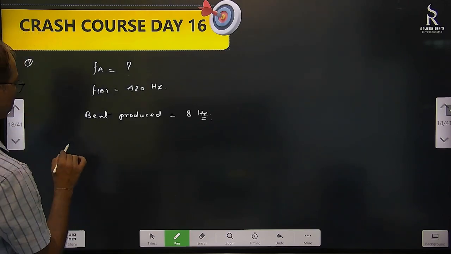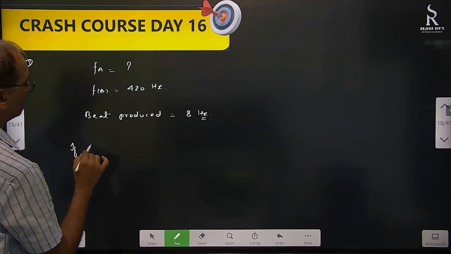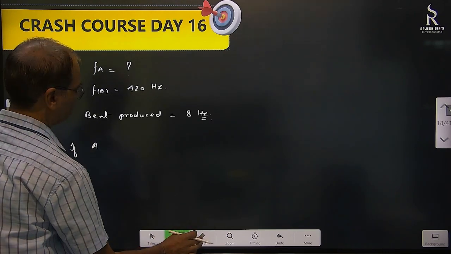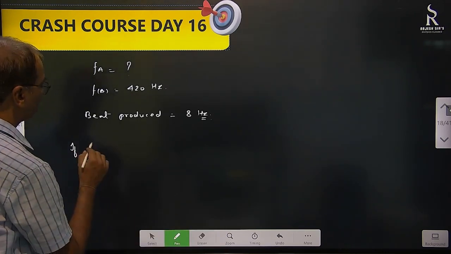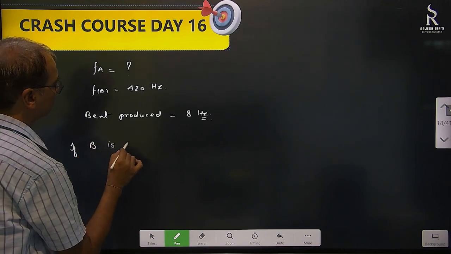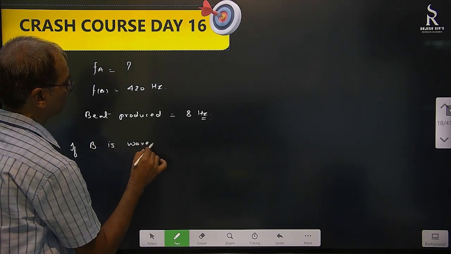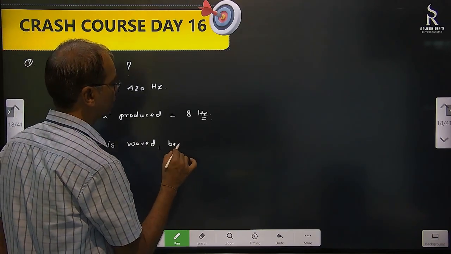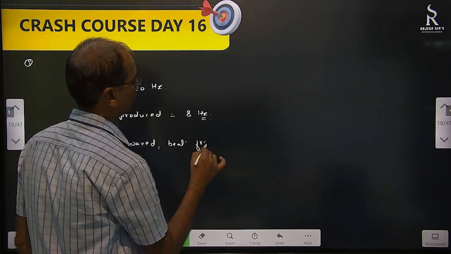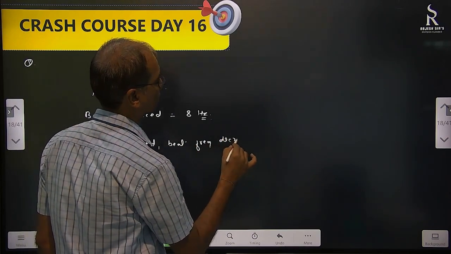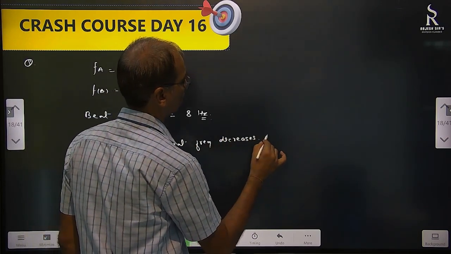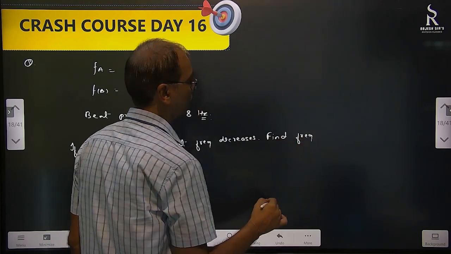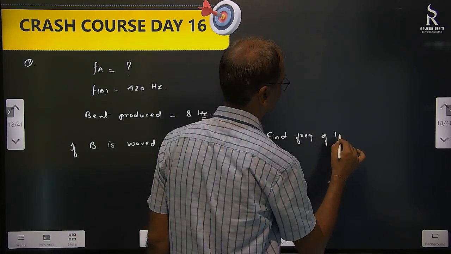Now, should we do A or B? This time we'll go for B. If B is waxed, the beat frequency decreases. Find the frequency of tuning fork A.